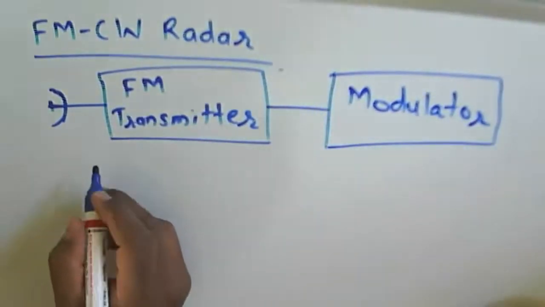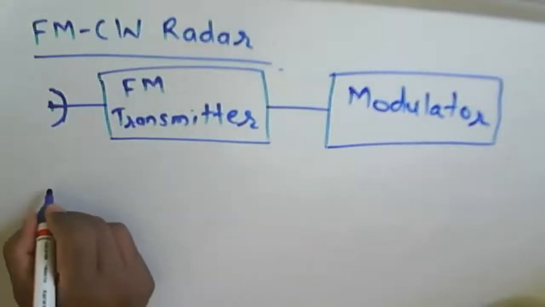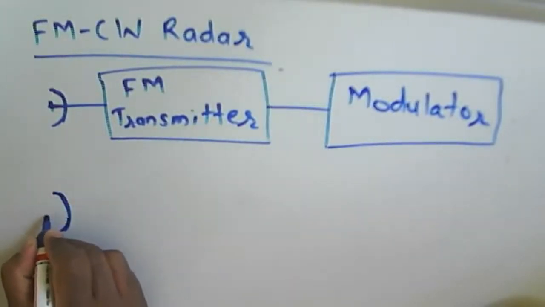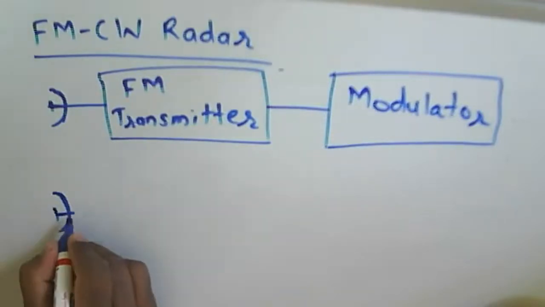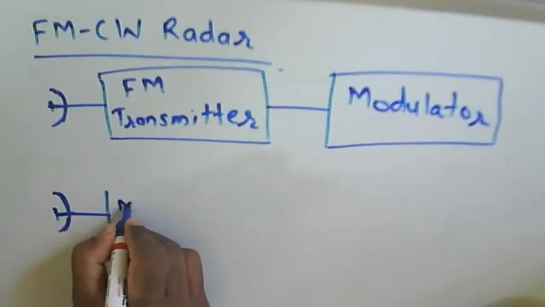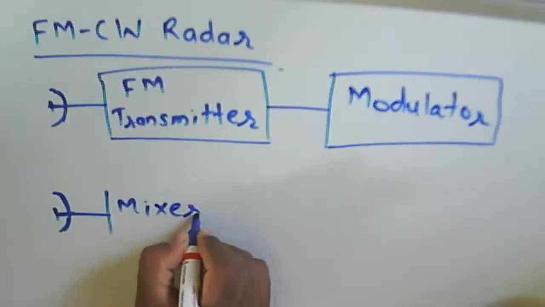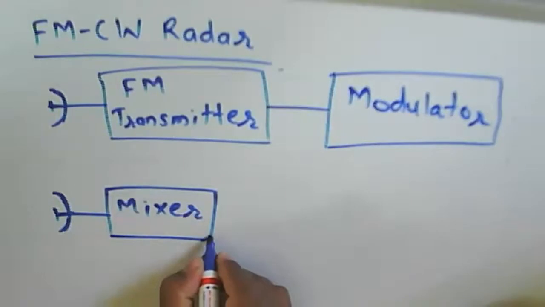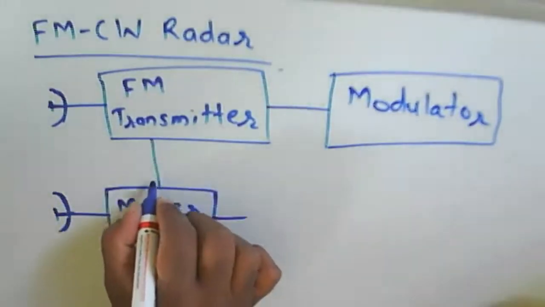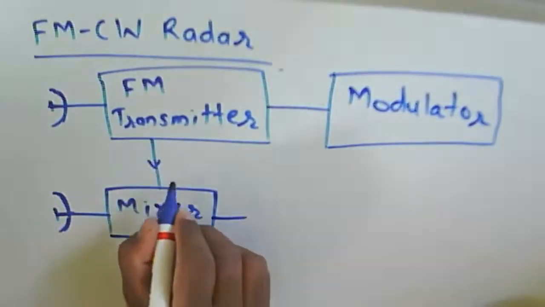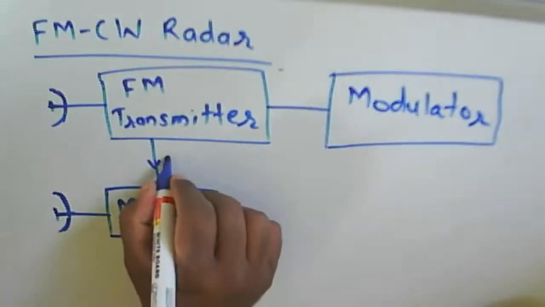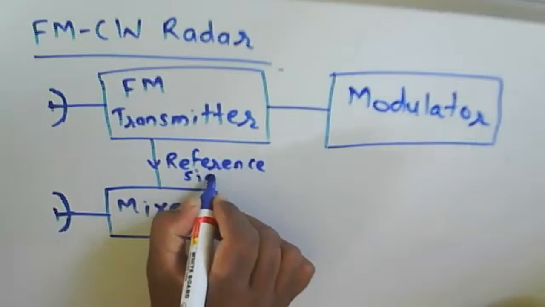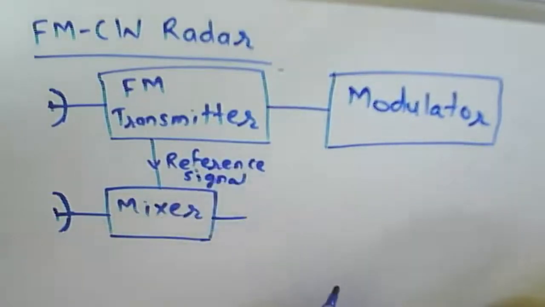Then at the receiver side, we have a separate receiving antenna, and then there will be the mixer first. After that, there will be the amplifier. Then for the mixer, one reference signal. Okay, this one is about a reference signal from the transmitter.